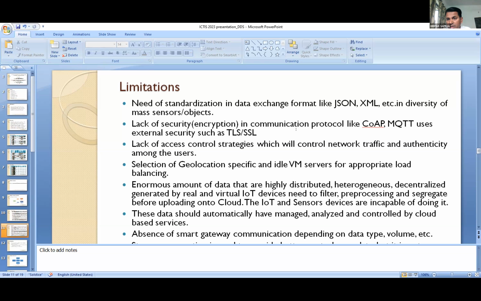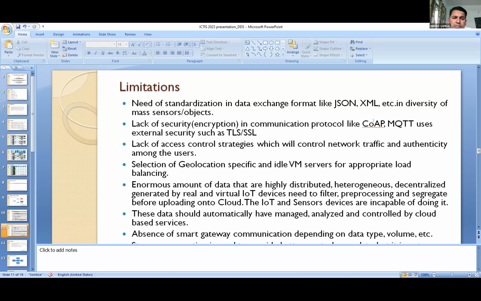My point here is, can it be possible to provide this security inside the application protocol like CoAP and MQTT? So there are provisions available in the MQTT RFC. I have gone through this.